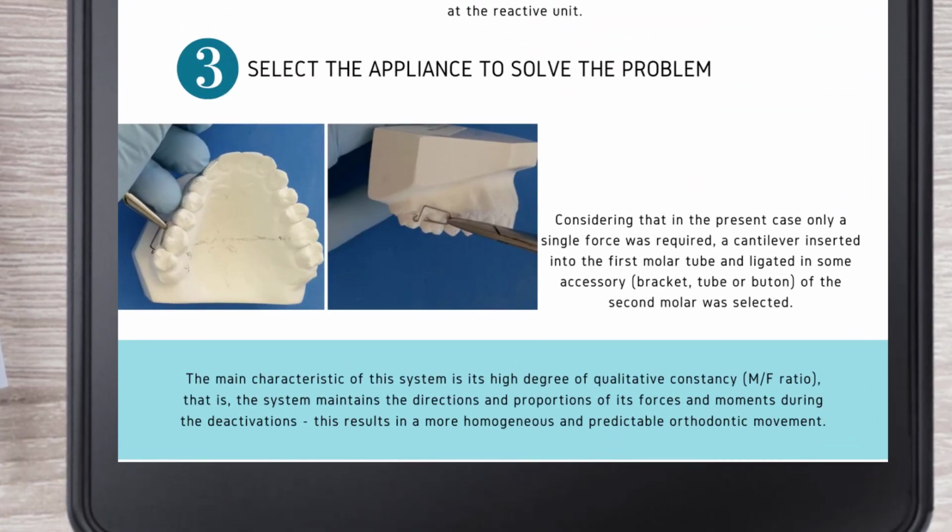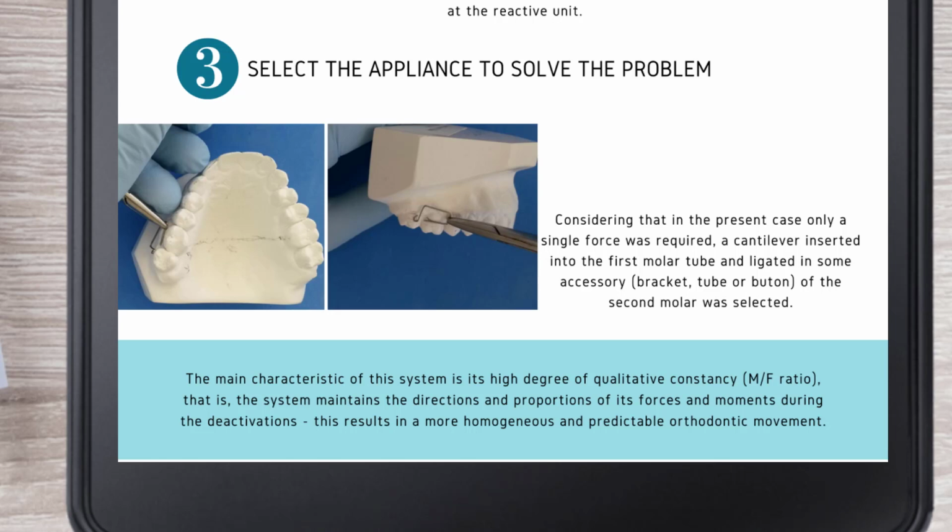Step number 3, you select the appliance to solve the problem. Considering that, in the present case, only a single force was required, a cantilever inserted into the first molar tube and ligated in some accessory, it can be a bracket, a tube, or a button, on the second molar was selected.